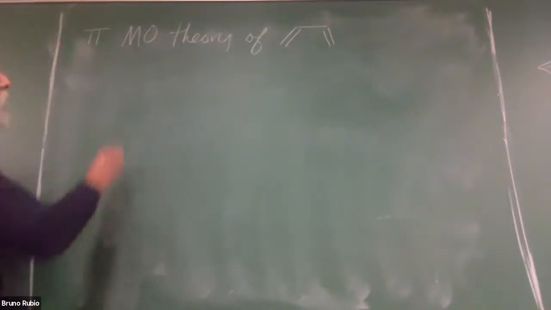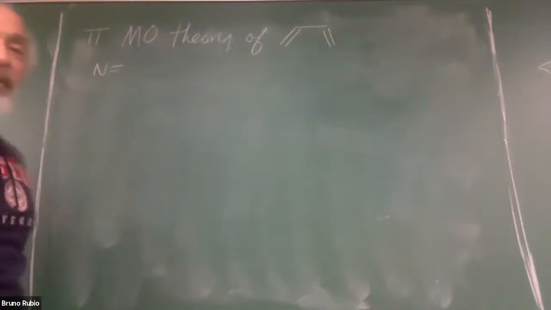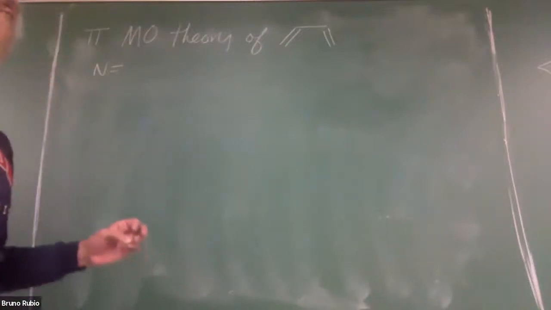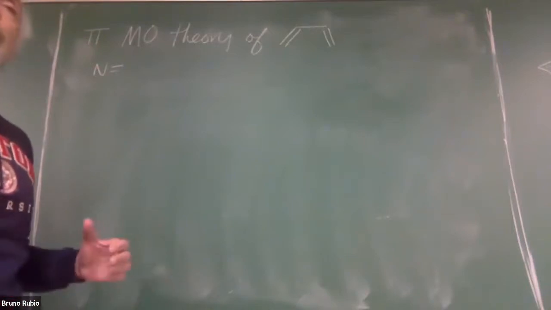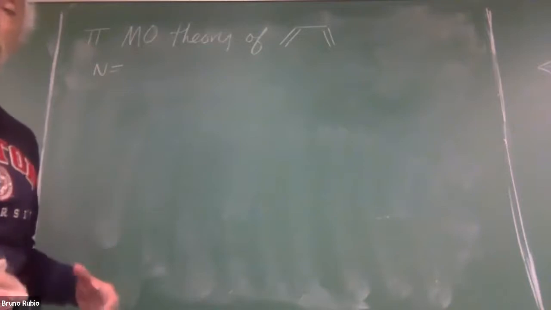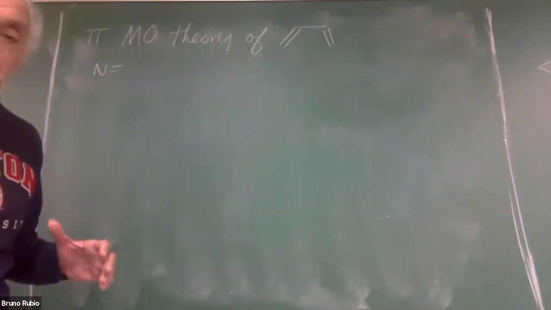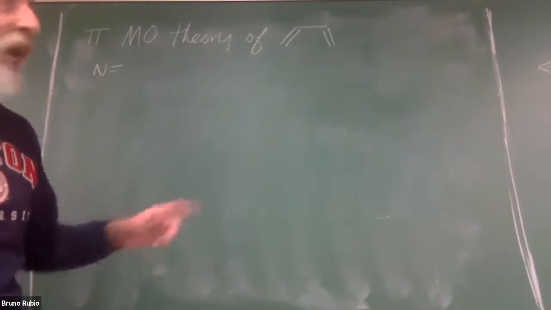Okay, so what is N? How many p atomic orbitals are interacting, and how many pi molecular orbitals will result? Anybody have the answer? 4, correct.